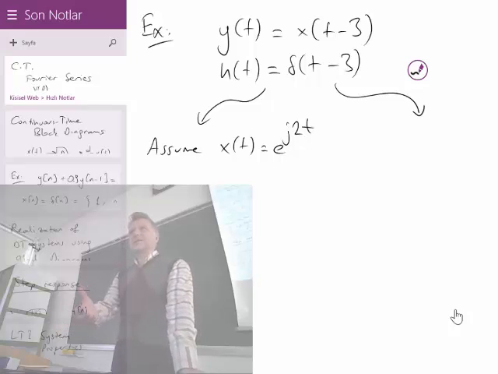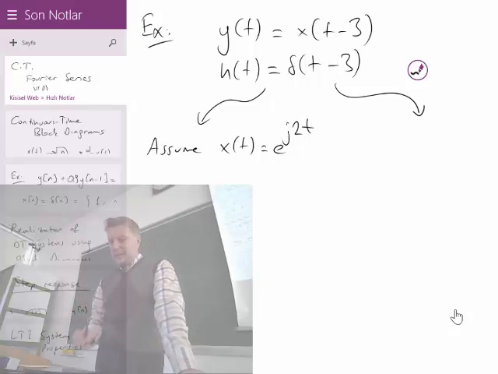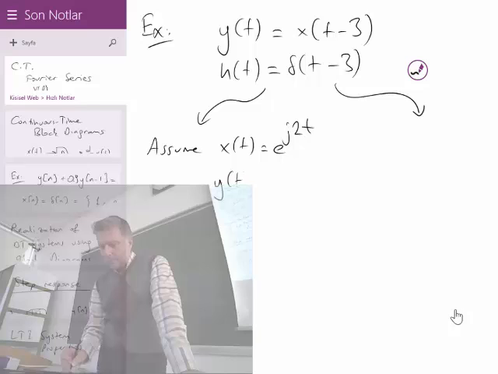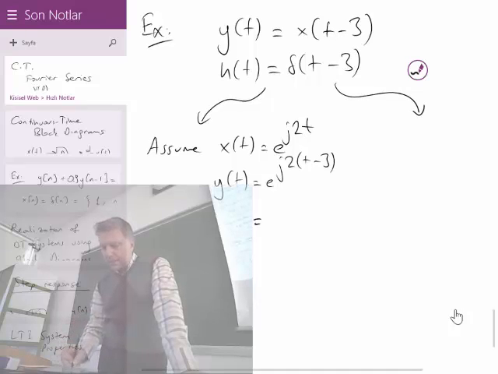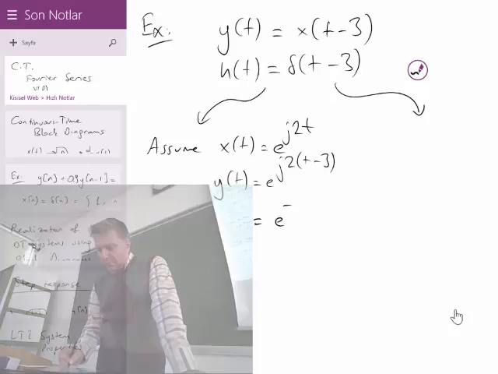And what is the response of the system to this input? It is e to the j2 t minus 3, isn't it? And that is e to the minus 6j times e to the j2t.